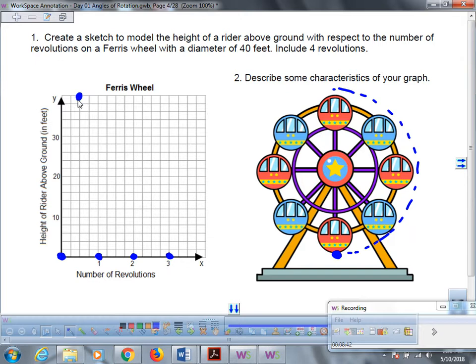Oh, I heard pi earlier from Matthew as well. Pi is going to come into play. Okay. So each time I go halfway around, I'm going to be up here. If you go half of half, or a quarter way around the Ferris wheel, I'm going to go 20. And then 3/4, 20 again.